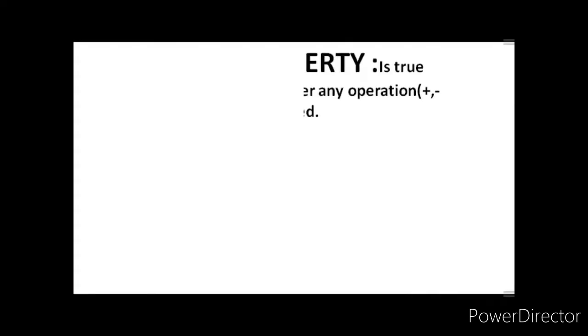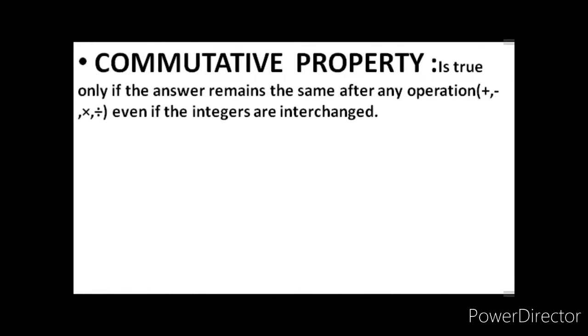What is commutative property? Commutative property is true only if the answer remains the same after any operation, that is, addition, subtraction, multiplication, or division, even if the integers are interchanged.